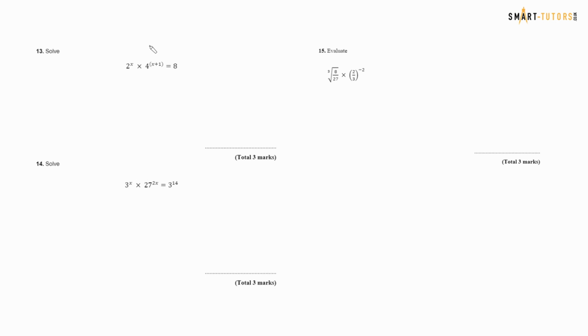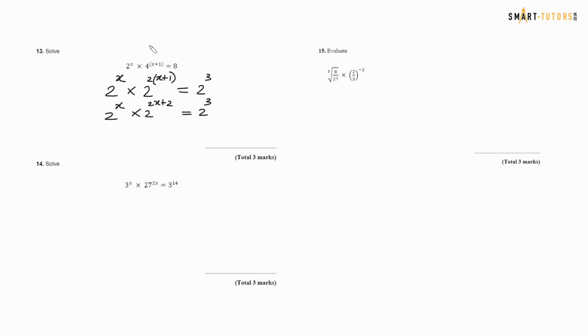Question number 13. 2 to the power x times 4 to the power x plus 1 equals 8. Solve means you need to find the answer for x. So 4 can be written as 2 squared, so 2 to the power x times 2 to the power 2x plus 2 equals 2 to the power 3.